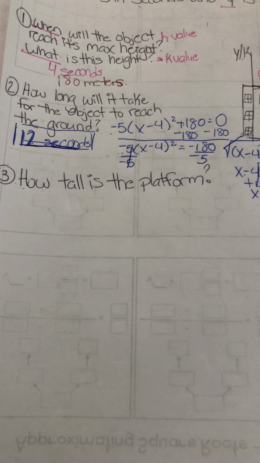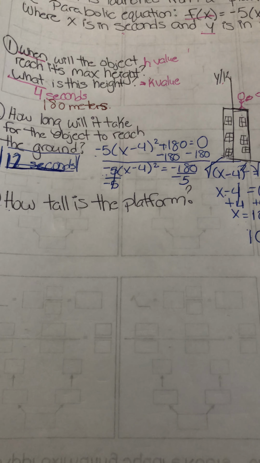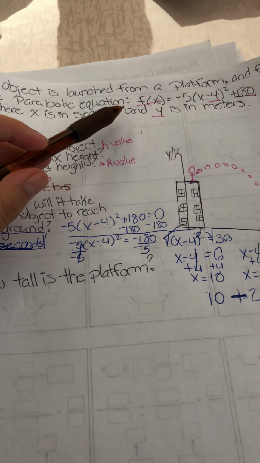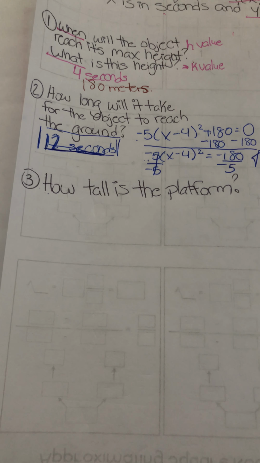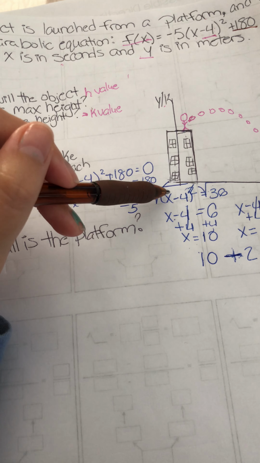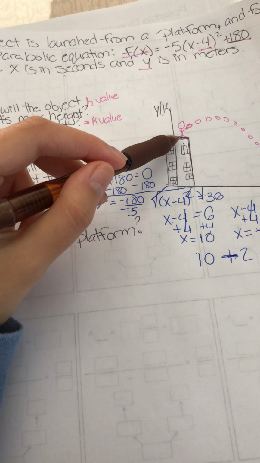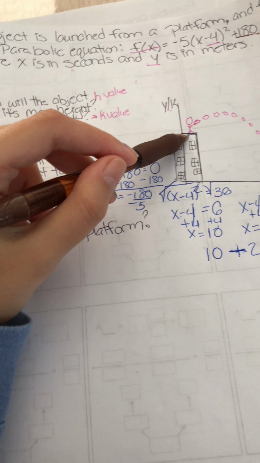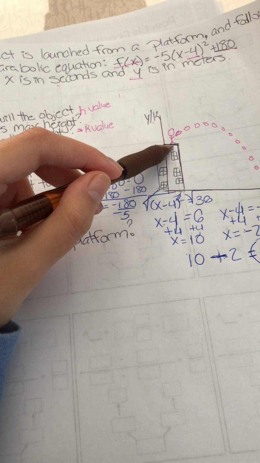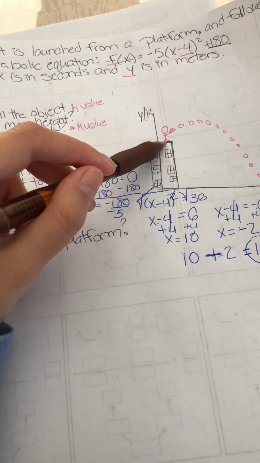I know you hate that word, but this is truly where functions come in. That's why I have this f of x here. Remember, the platform represents where the ball or the object is at 0 seconds. The person is still holding the object at this point on top of the building, or the platform.